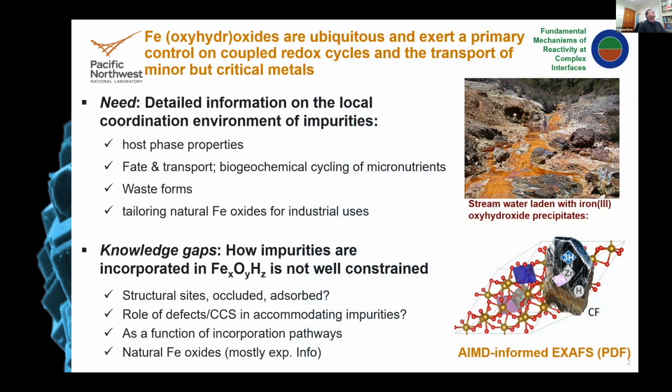I don't think I have to tell anybody here how important iron oxyhydroxides are for controlling coupled redox cycles in the near surface and transport of minor but critical metals in the subsurface. There is a real need for detailed information on the local coordination environment of impurities. This would inform host phase properties, fate and transport, including biogeochemical cycling of essential micronutrients and trace nutrients.